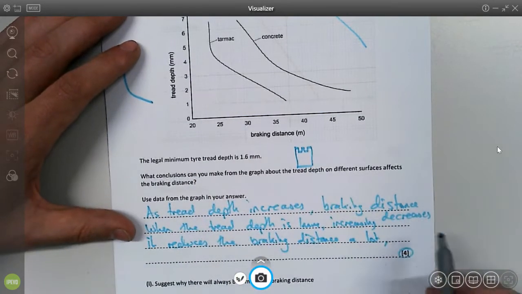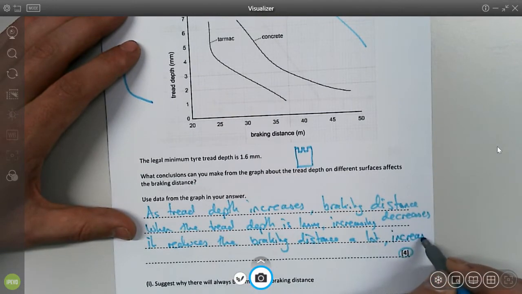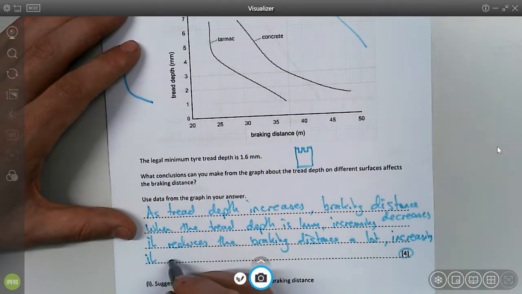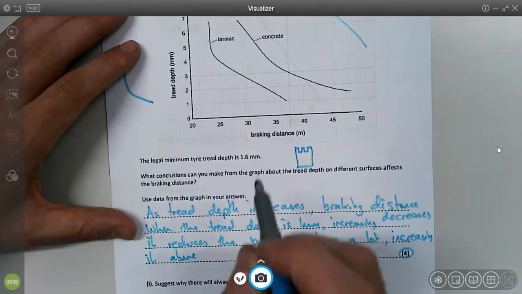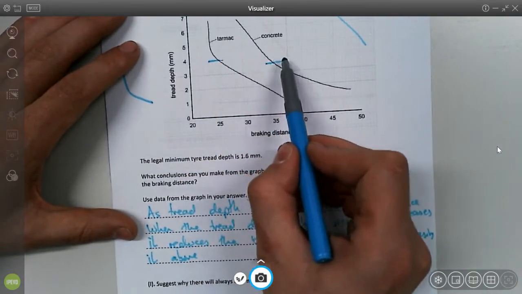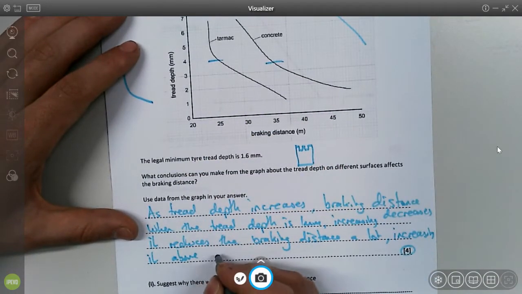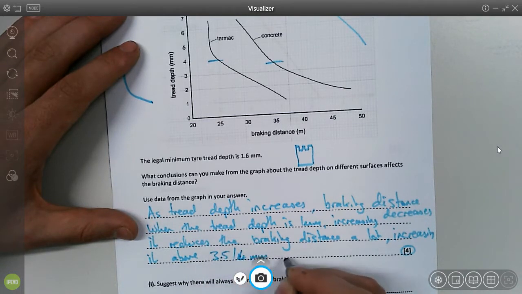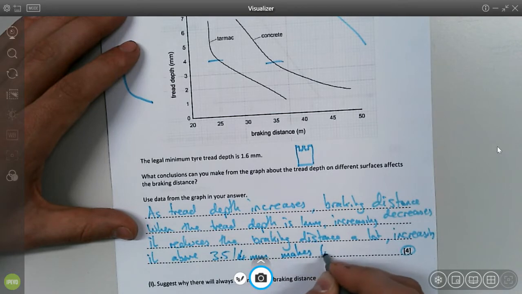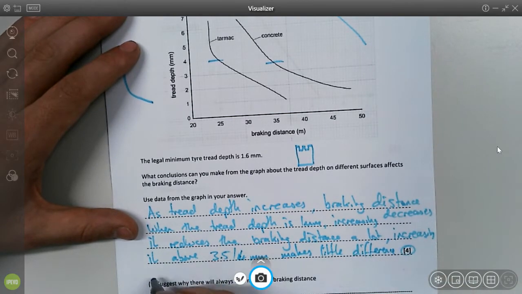However, increasing it above roughly 4 or roughly kind of 3.5 makes little difference to the braking distance.